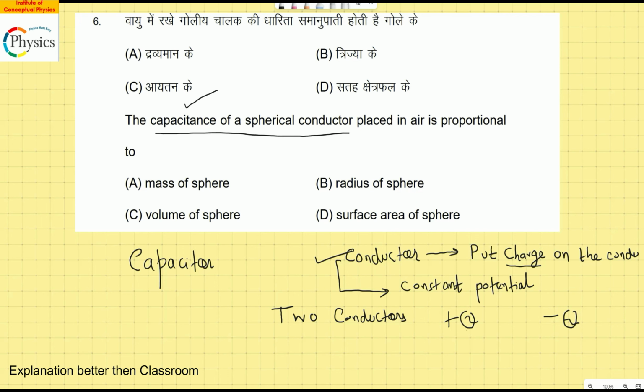So there will be a potential difference between these two conductors. A single conductor has a constant potential on it. If you pick up two conductors separated by some distance, they will generate a potential difference.